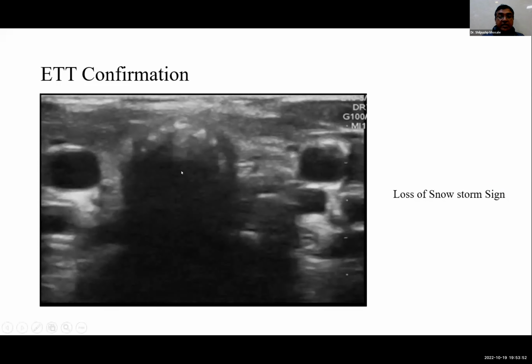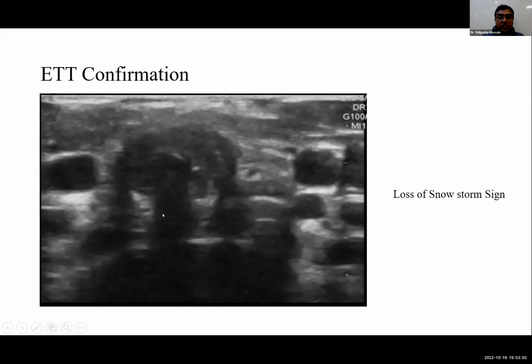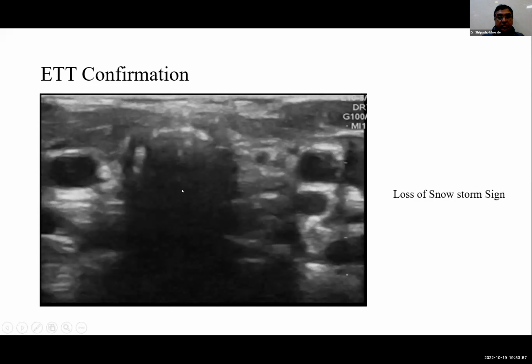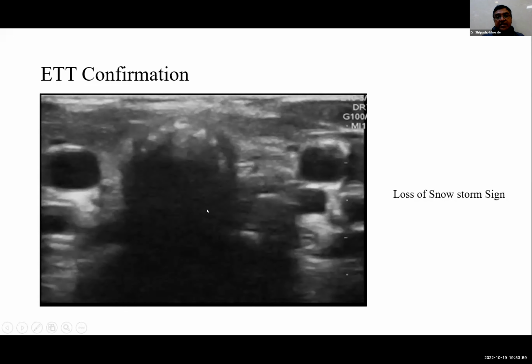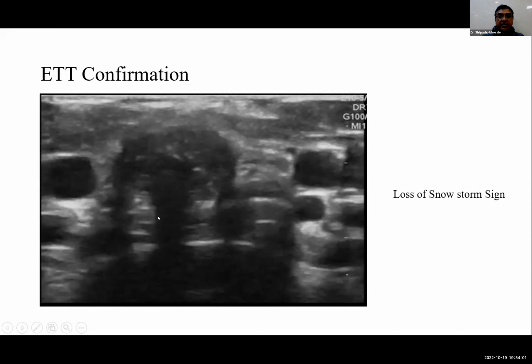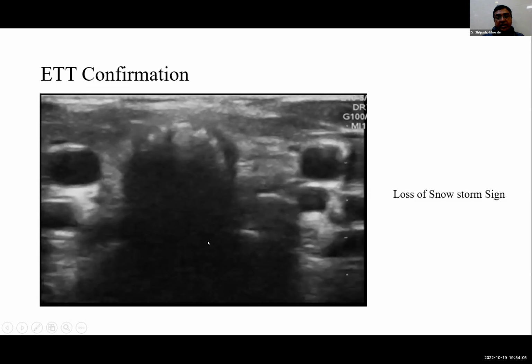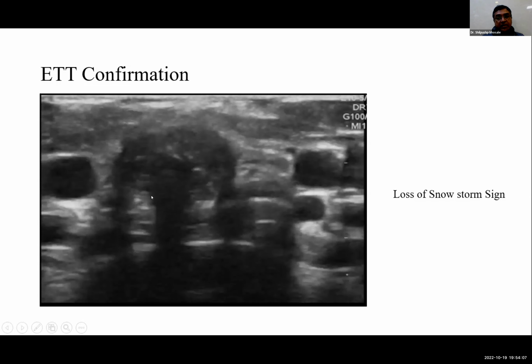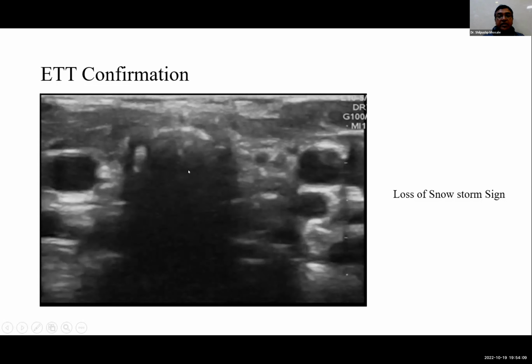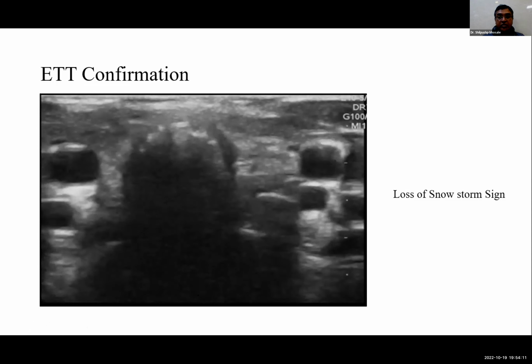So here you can see the bulge or the loss of snowstorm sign when the endotracheal tube gets into the trachea. There are various other signs which have been described, that the triangular shape becomes bullet shaped with the entry of the tube. But loss of snowstorm is pretty much diagnostic for endotracheal intubation.